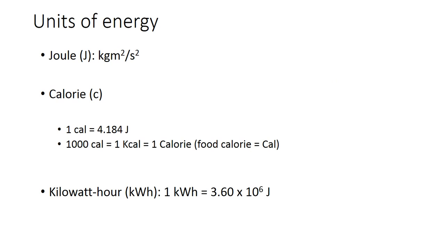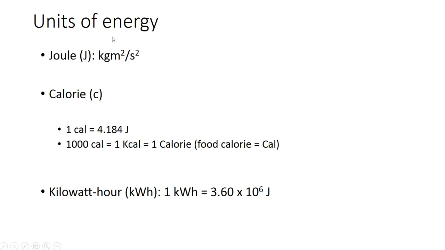Now, the units that we use for energy are the joule, that's the SI unit, and the calorie. So a joule is given as kilogram meter squared over second squared. This came due to the fact that energy is given as force times distance.